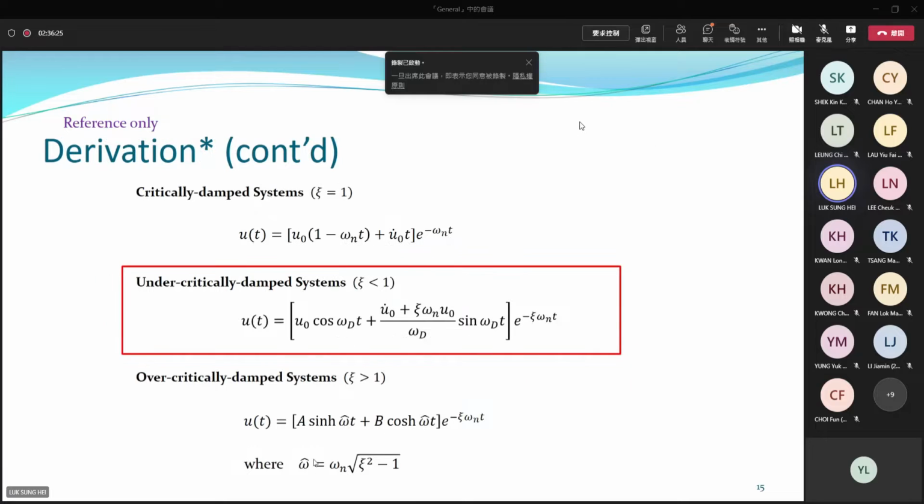I show the outcome directly: critical, underdamped, and overdamped conditions. Normally, we use the middle one, underdamped conditions. We use the underdamped equations for our structural problems. We use this equation here.